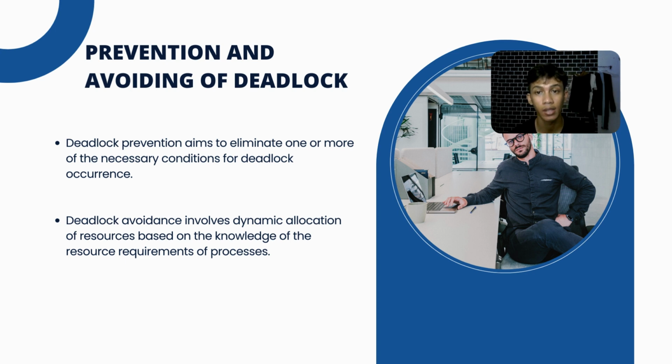Deadlock avoidance involves dynamic allocation of resources based on knowledge of the resource requirements of processes. The system must have prior knowledge of the maximum number of resources each process may need during its execution. By ensuring that the system never enters an unsafe state where deadlock is possible, deadlock can be avoided.